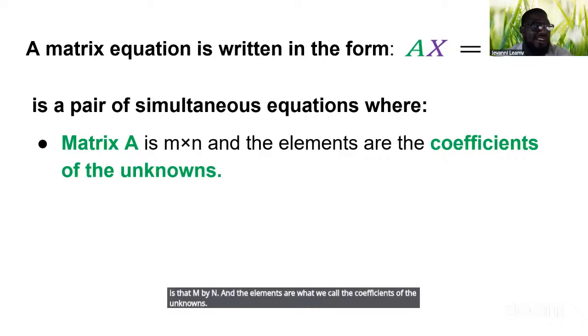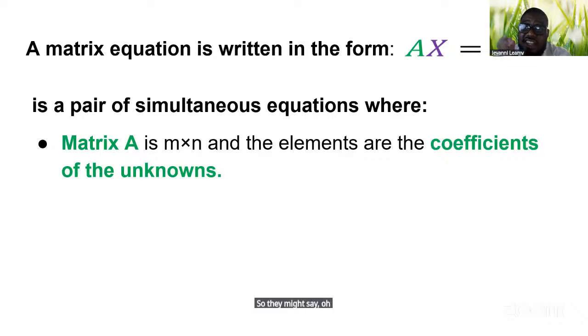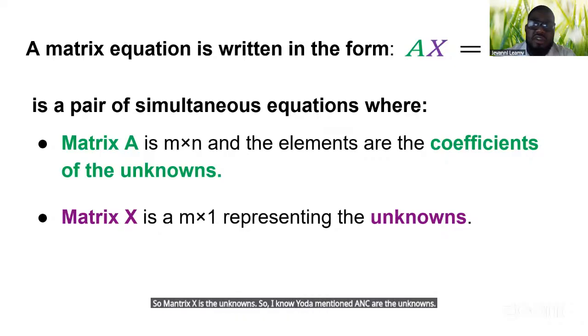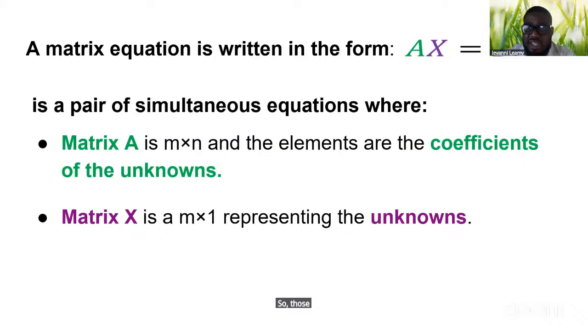You might ask, what is a coefficient again? We will get to that and pinpoint what we call a coefficient. Matrix X is an M by 1 representing the unknowns. I know you would have mentioned A and C are the unknowns. So those are what we will be using for matrix X, and you'll see shortly.